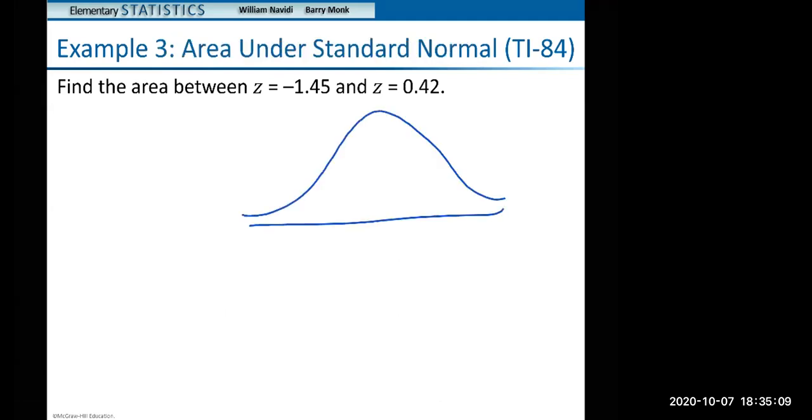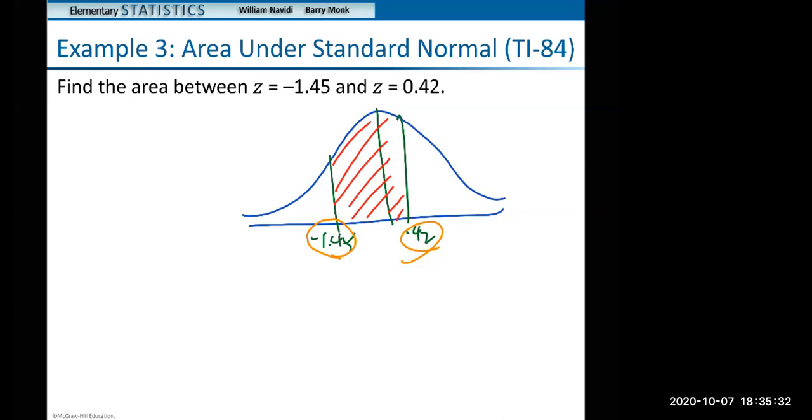Let's say here is negative 1.45, and this is 0.42, and we want to find this area. I said this is the easiest because if it's between two z-scores, from left to right, this is already your lower and this is your upper. You just have to type those.